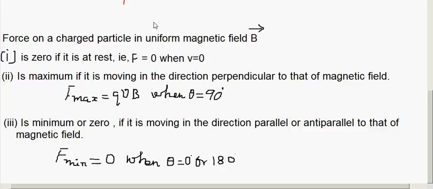The force is 0 if the charged particle is moving along the direction of the magnetic field or in a direction opposite to the direction of the magnetic field.